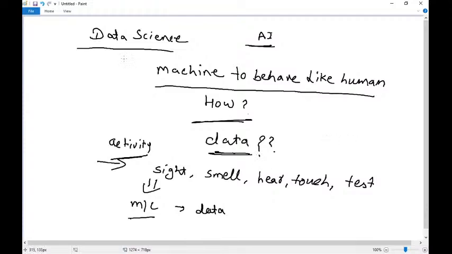I started from the question, what is data science? Then I told you one definition, that a machine behaves like a human being. Then how can it behave? For this we need the data, and how these things are related to our life. So what is the data? For us the data is a different thing. For the machine, data is in numerical form.